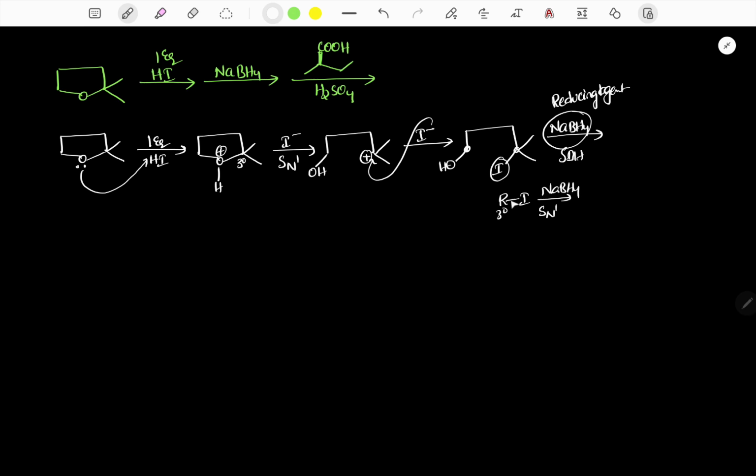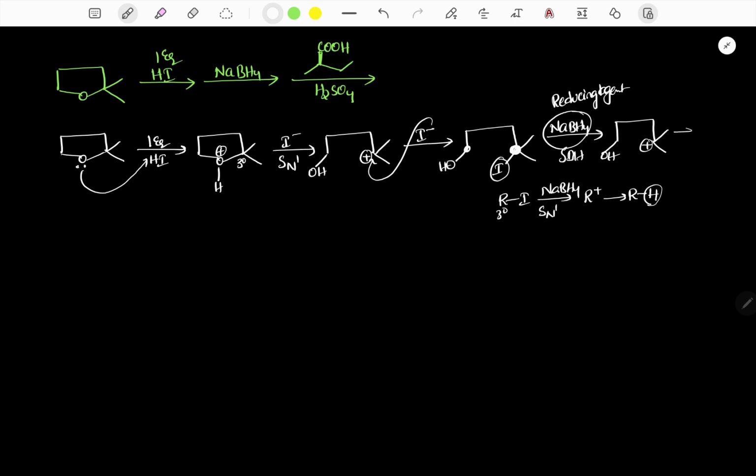Since it is tertiary in the given case, it forms R plus, and R plus reacts with sodium borohydride, and we get the corresponding alkane. So in this case also, initially we get a stable C plus.